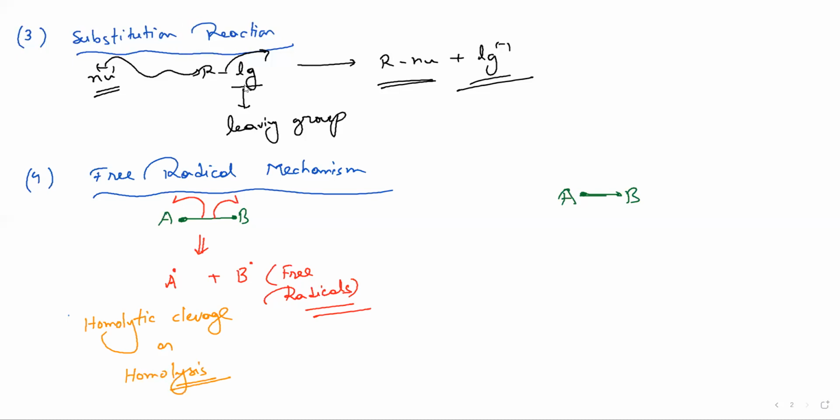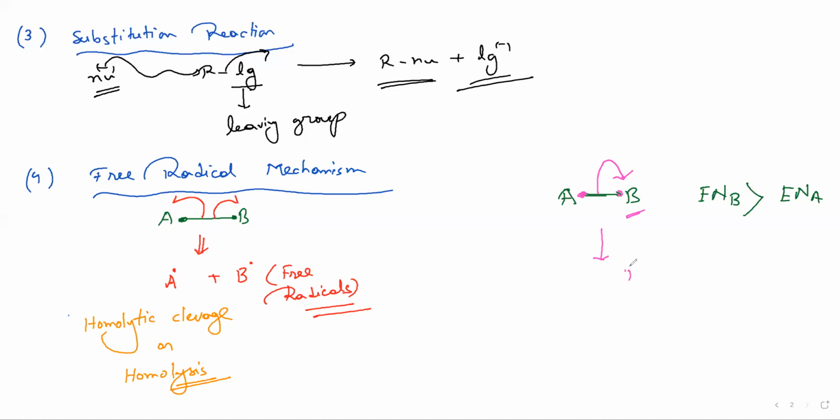Suppose in A-B, the electronegativity of B is greater than that of A. In this case the B atom is more electronegative, so it can take both electrons.